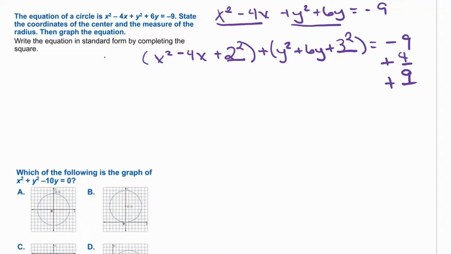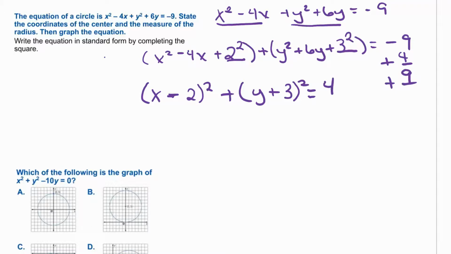To finish completing the square, the first term I bring down is x, then I bring down the negative and the 2, so (x - 2) squared plus y. Bring down the sign plus here, plus 3 squared equals -9 plus 9 is 0 plus 4 equals 4.